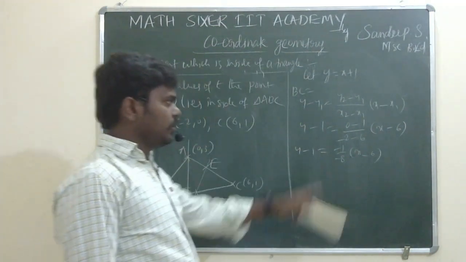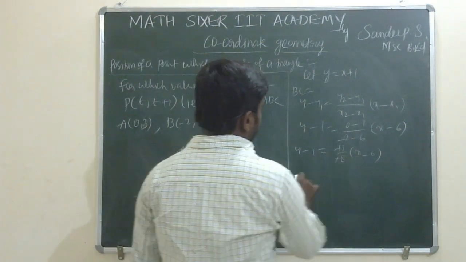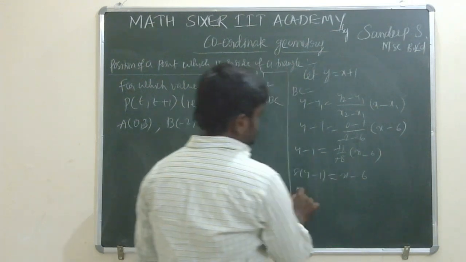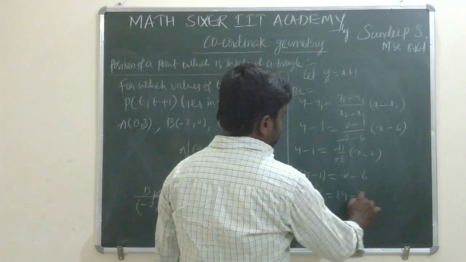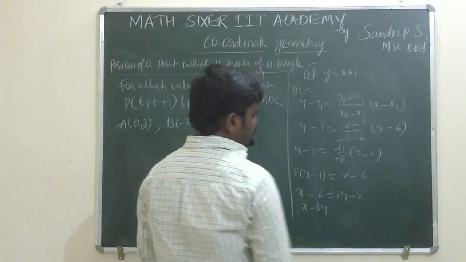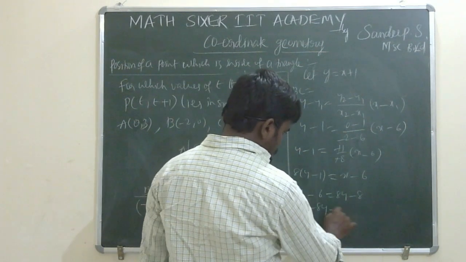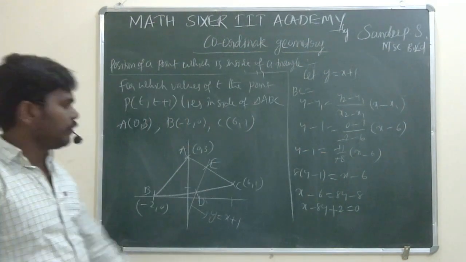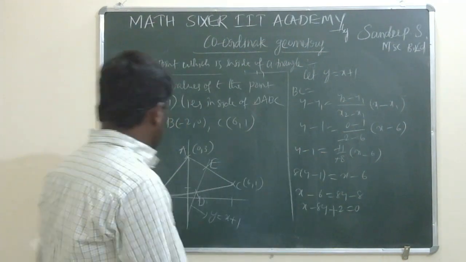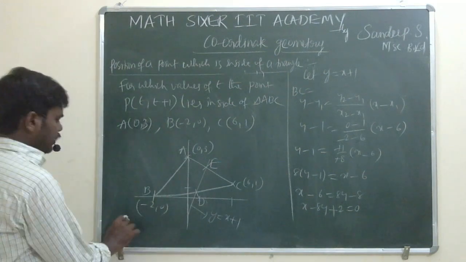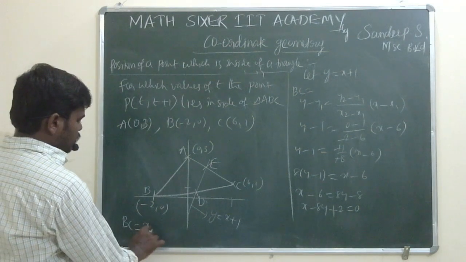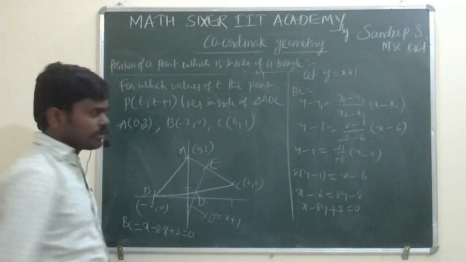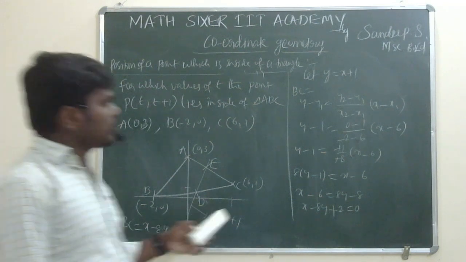So x minus 8y plus 2 is equal to 0. Okay, so this is the BC equation: x minus 8y plus 2 equals 0.